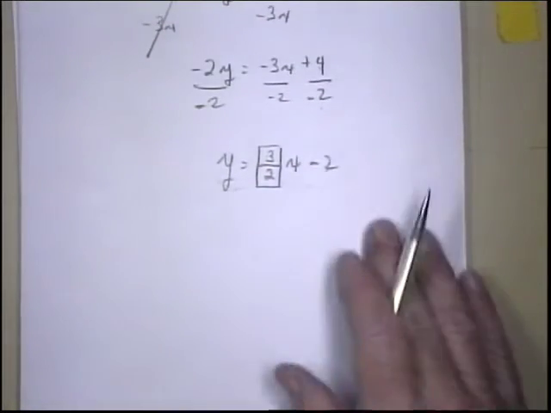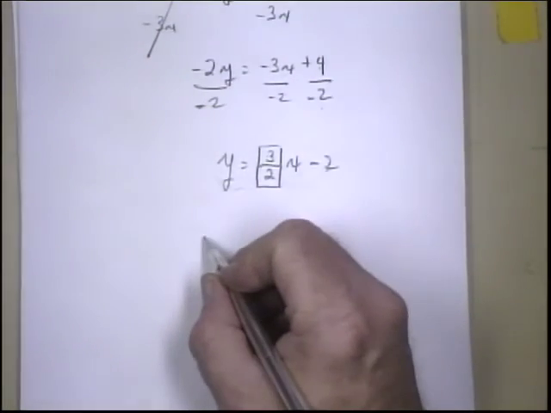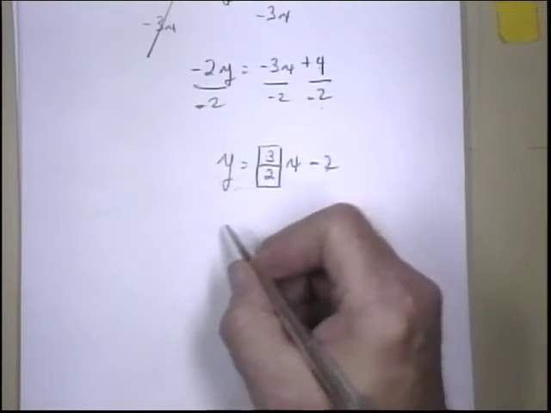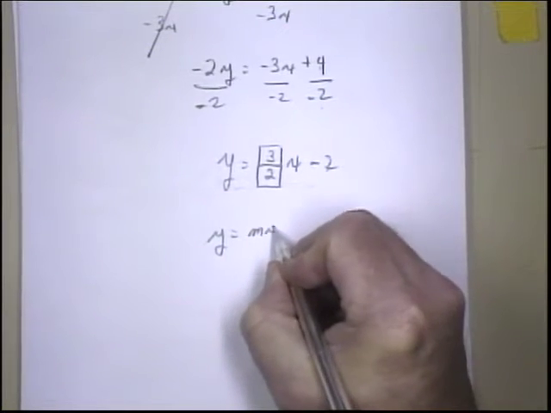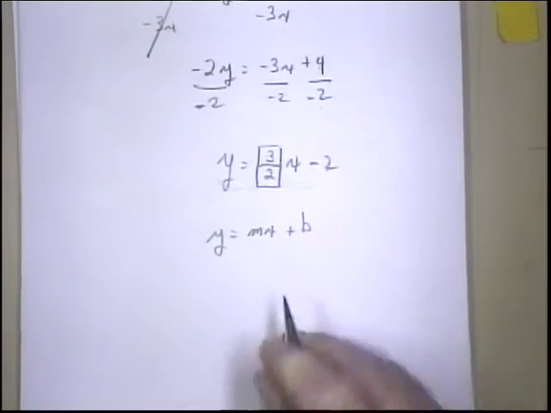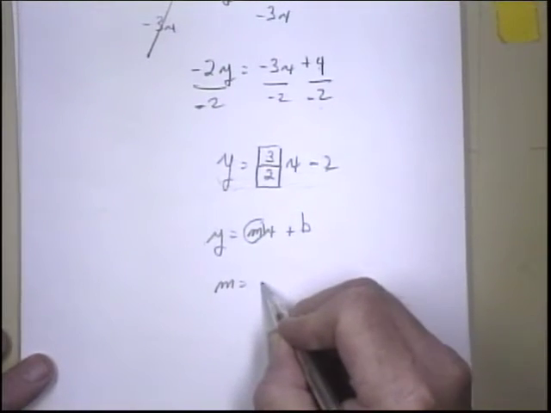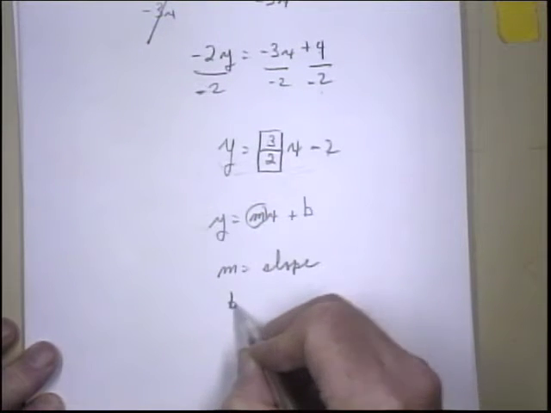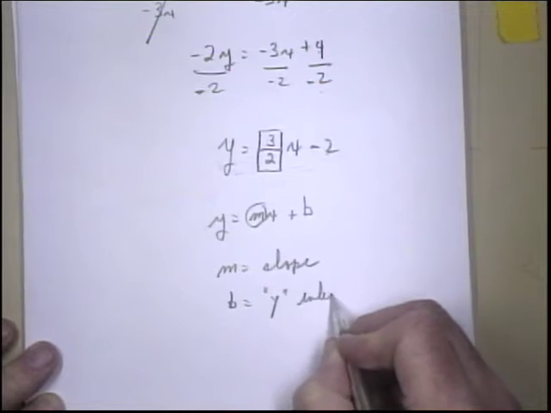So the common mathematical expression used in the slope-intercept formula is y equals mx plus b, where m is the slope and b is the y-intercept.